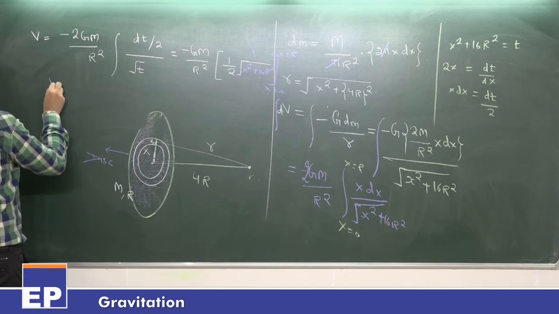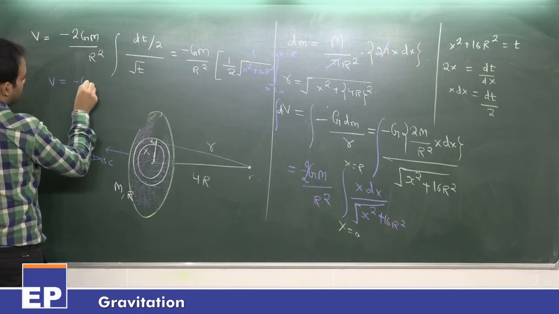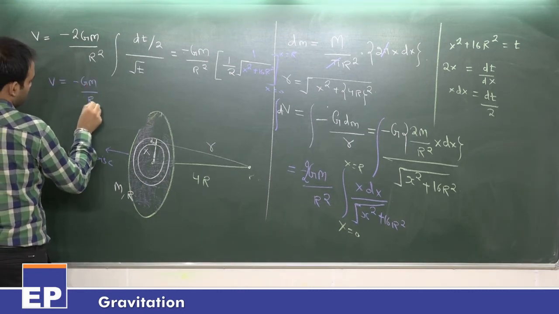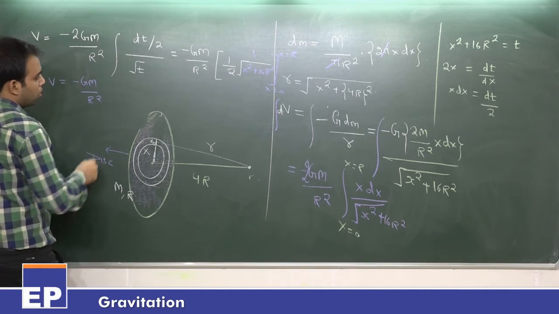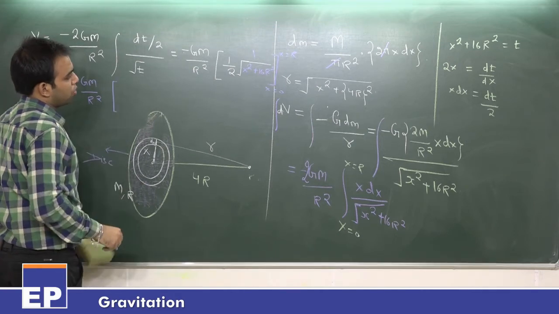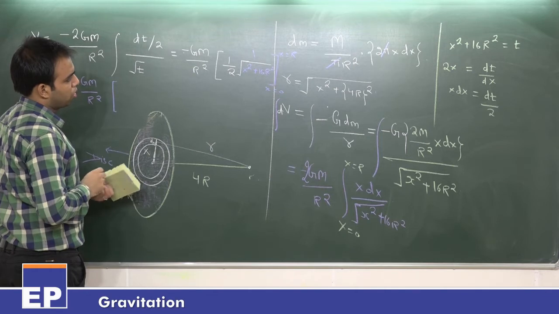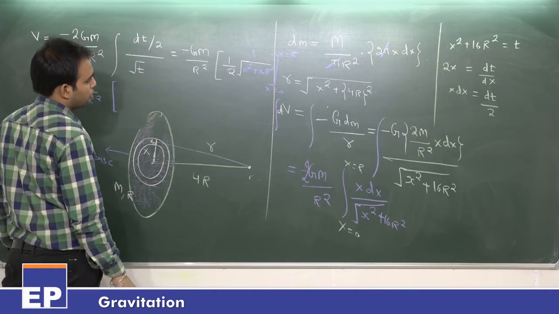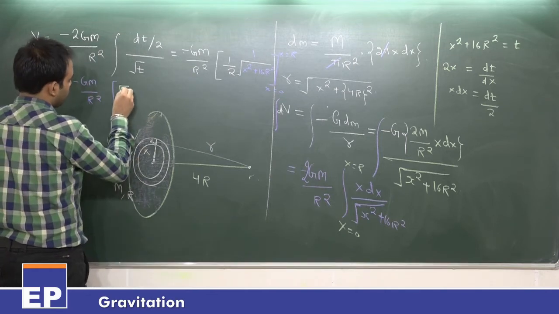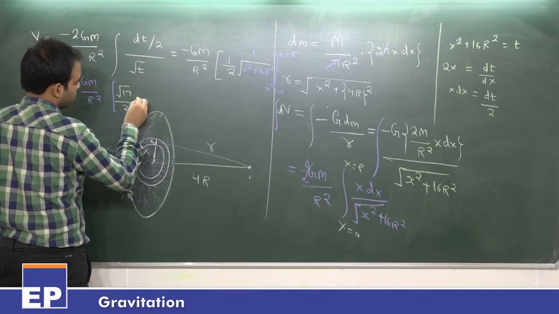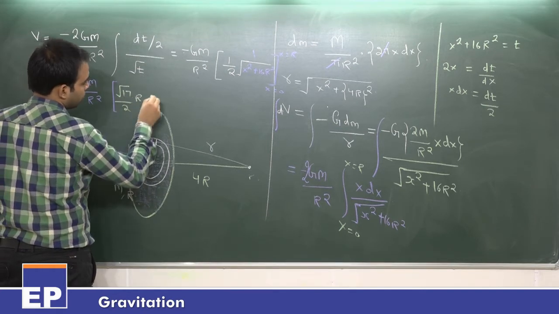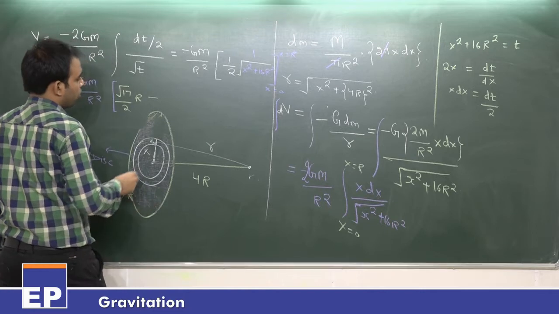Potential will become minus GM by R square. If we put x equal to capital R, that will become R square plus 16R square, that is root 17 by 2 into R, and at 0 this will become 4R.